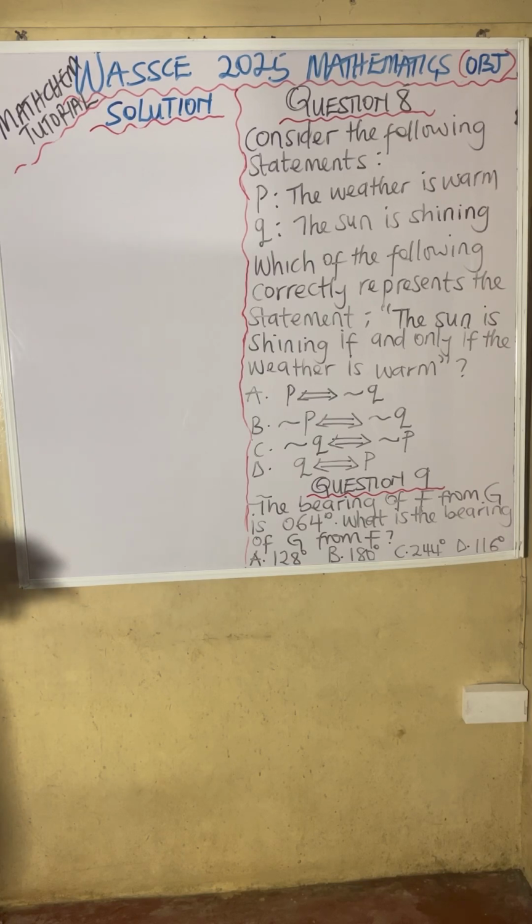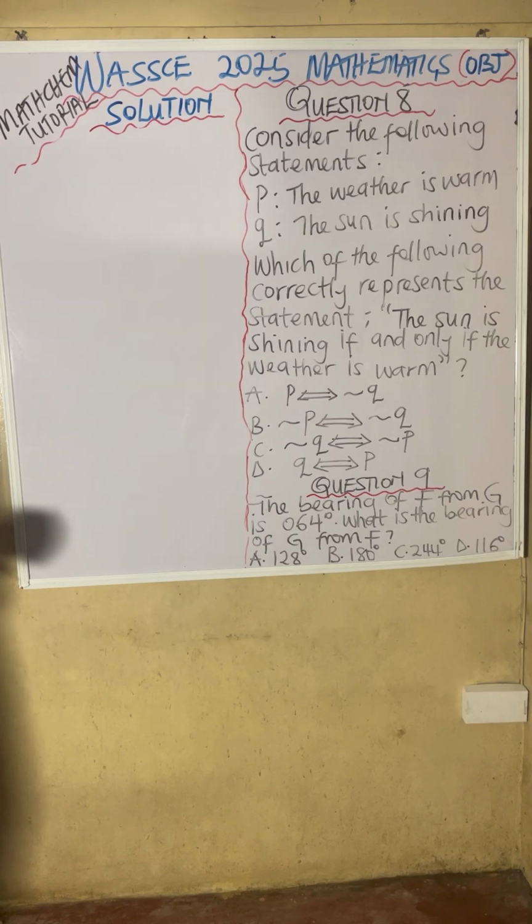The sun is shining if and only if the weather is warm. Now look at that statement. Meaning that they combine the two statements together, and looking at it, the statement makes a positive meaning. From the look of things, we say that that statement can really occur, because the sun is shining if and only if the weather is warm.